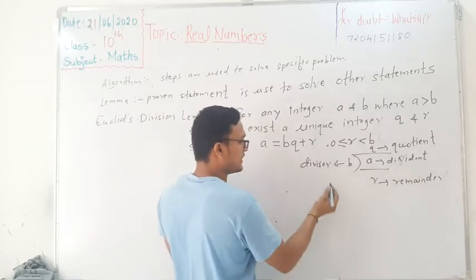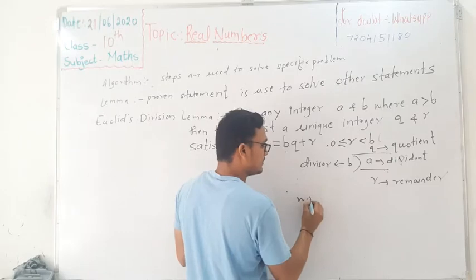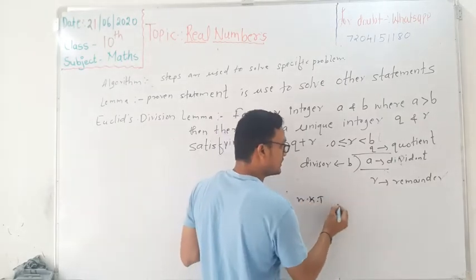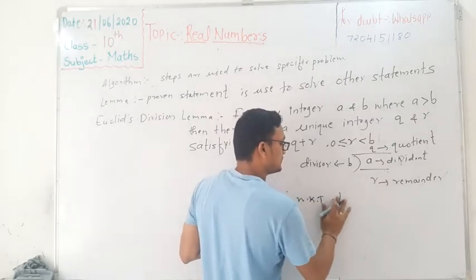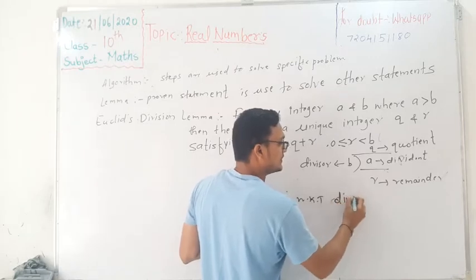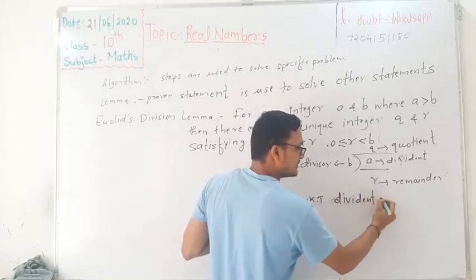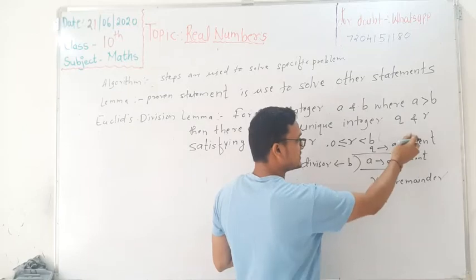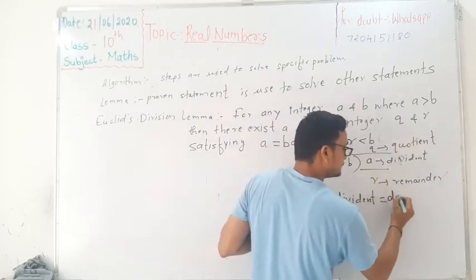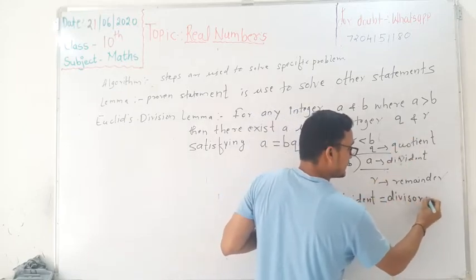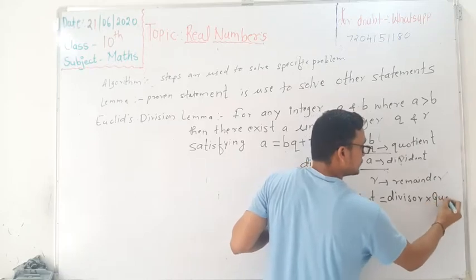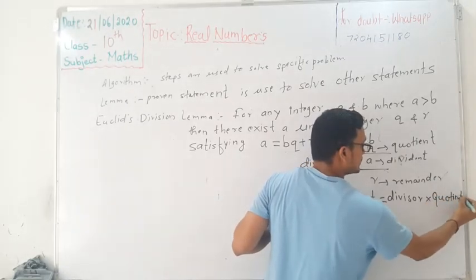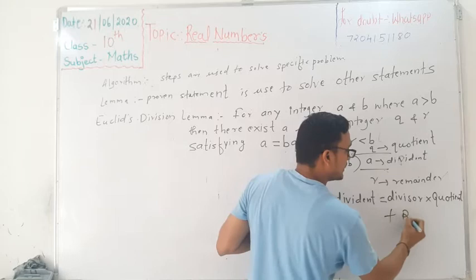As we know, dividend equals divisor into quotient plus remainder.